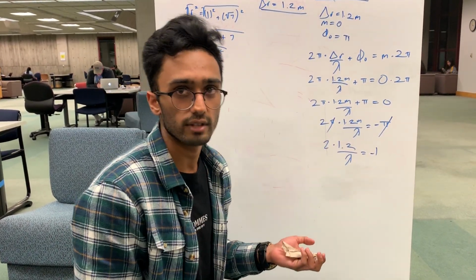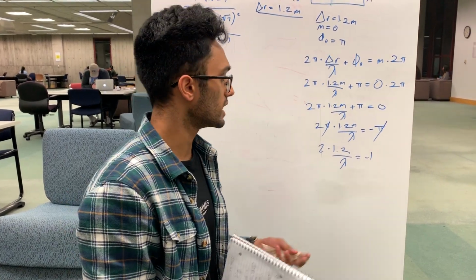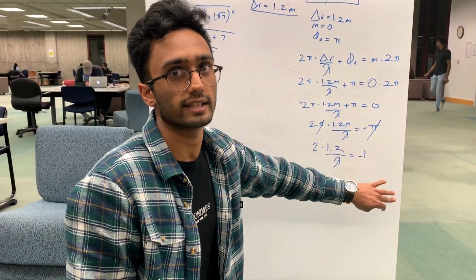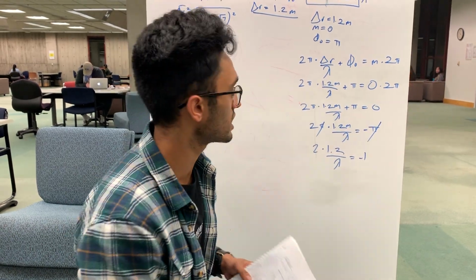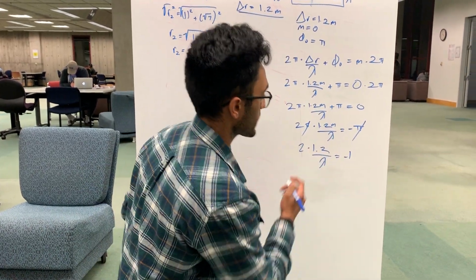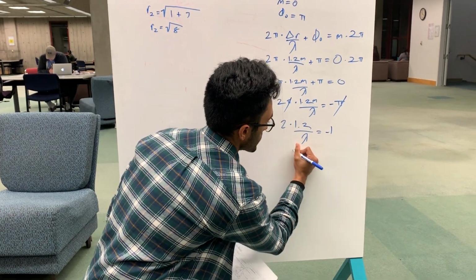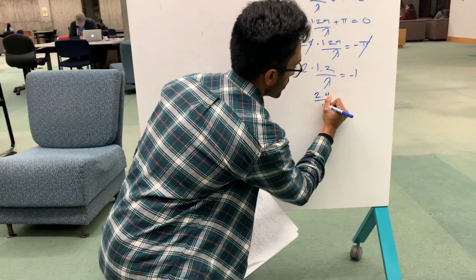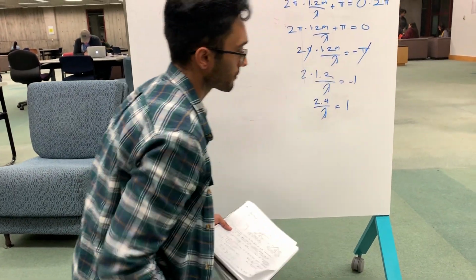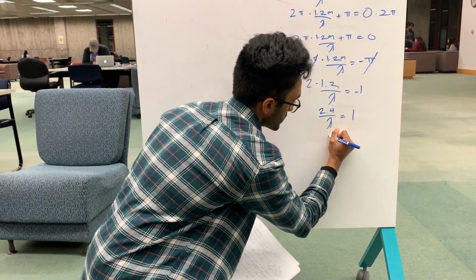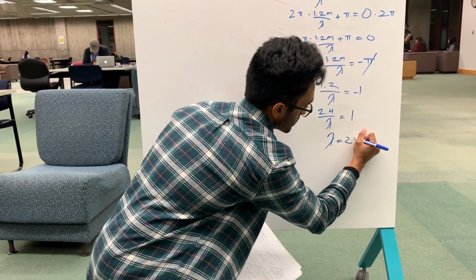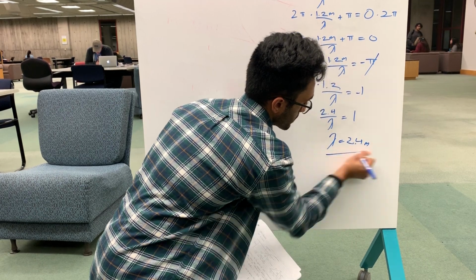But the wavelength obviously cannot be negative, so that negative is just an arbitrary sign and we can ignore it. So next we have 2.4 over the wavelength equals 1, and rearranging that, you get that the wavelength is equal to 2.4 meters.